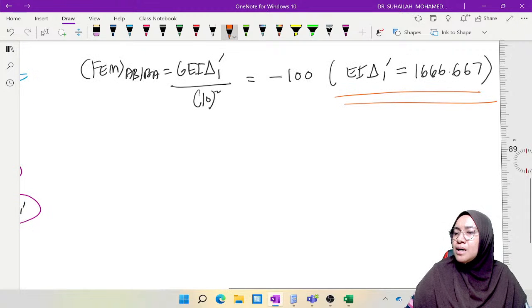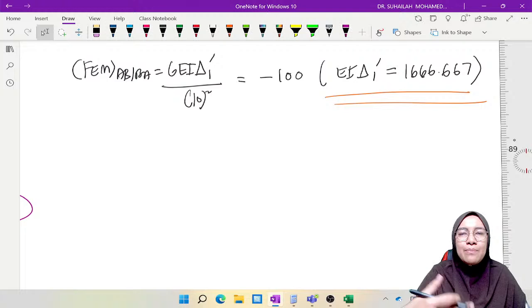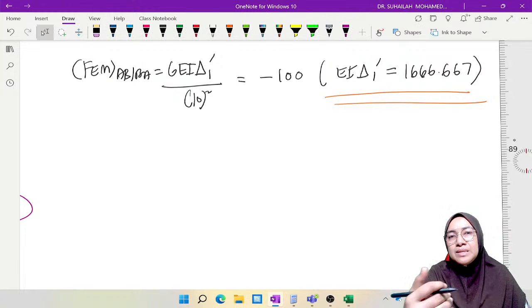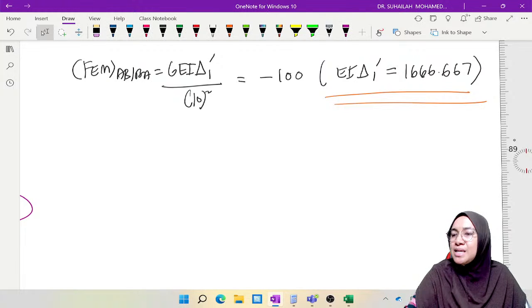Now we apply the formula for FEM BC, CB and FEM CD, DC.